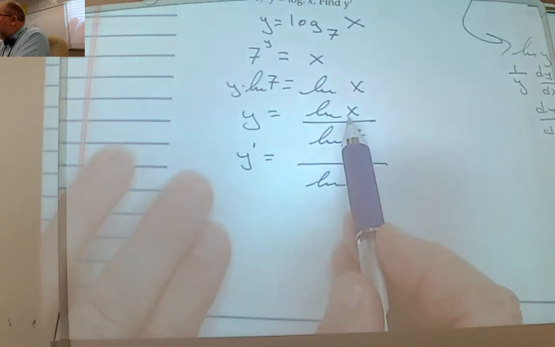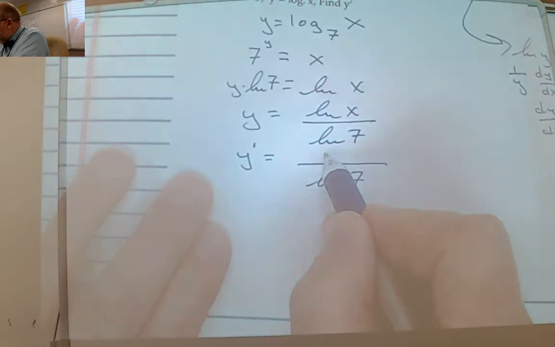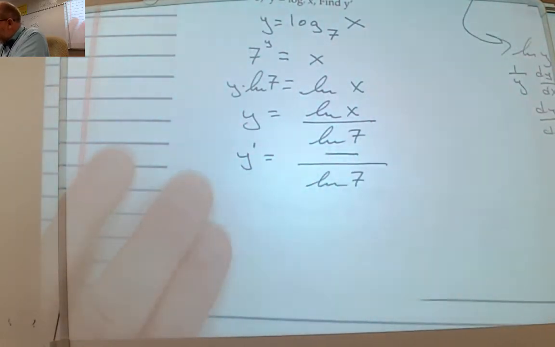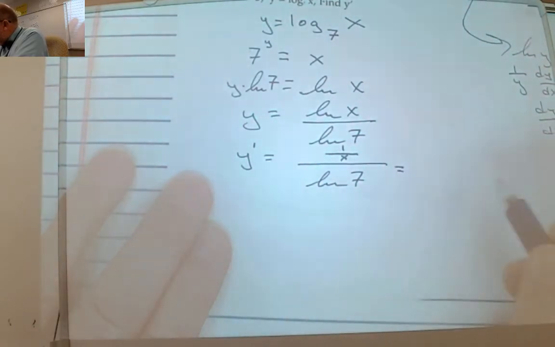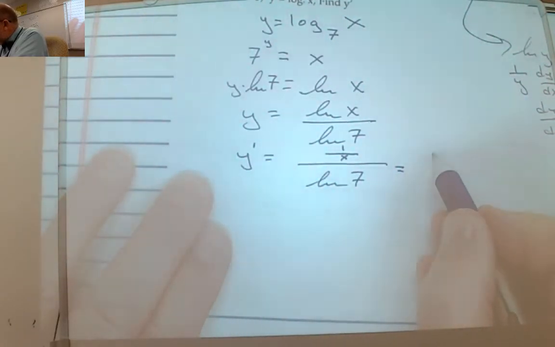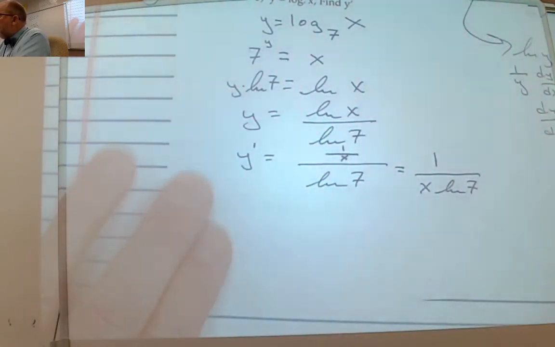What's the derivative of the natural log of x? Give you a hint, it's a fraction. 1 over x, perfect. Okay. Are you okay that I write it like this? Or do I need to show you where that came from?